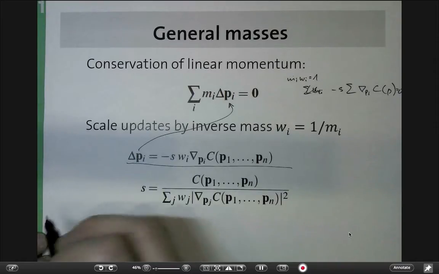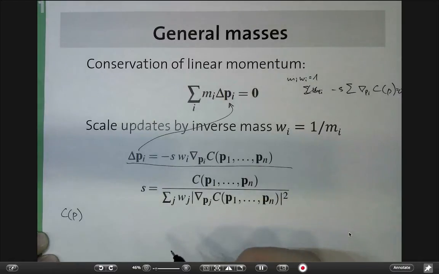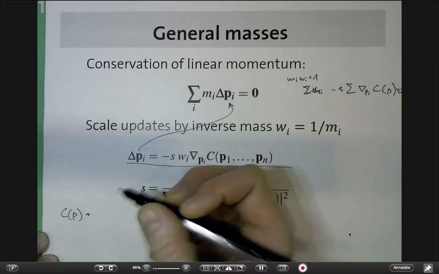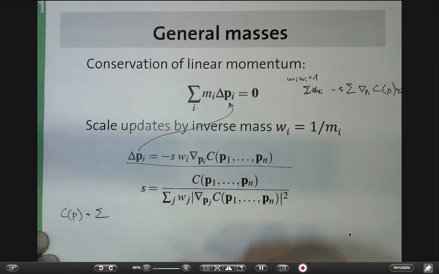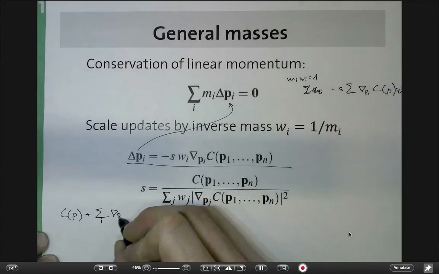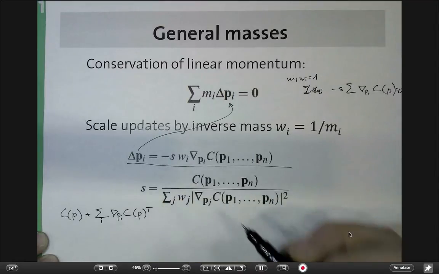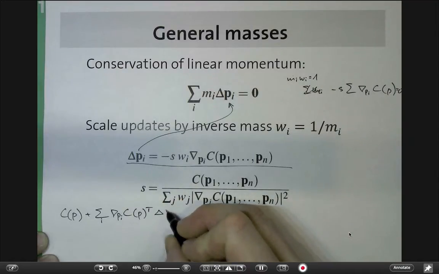So what we want to do, so let's see. So we want to find the deltas. This is my gradient, pi, this is C, P transpose, and I want to find these delta pi's.